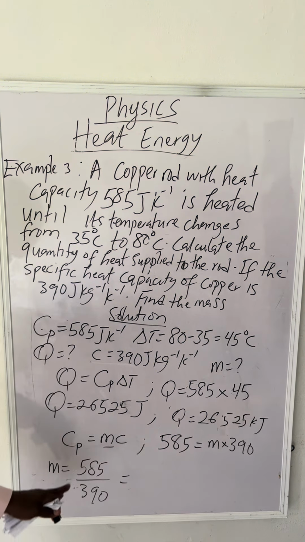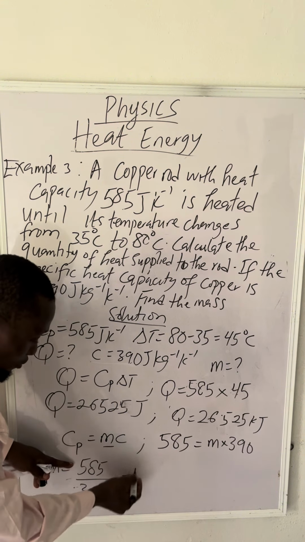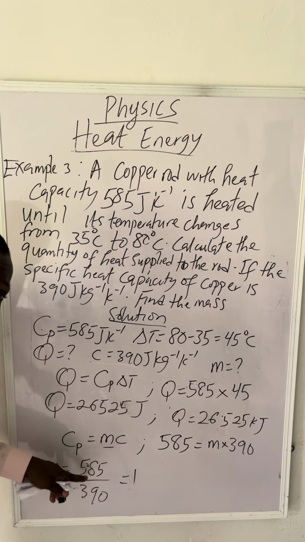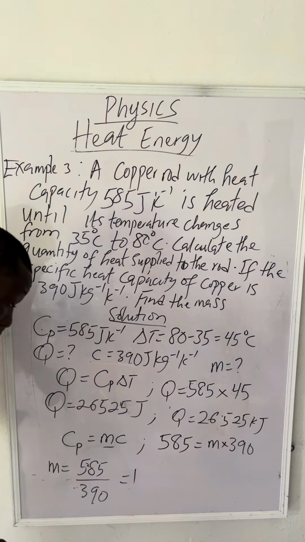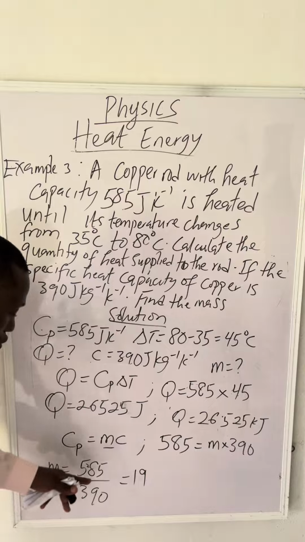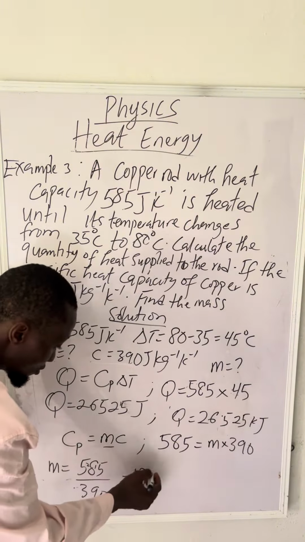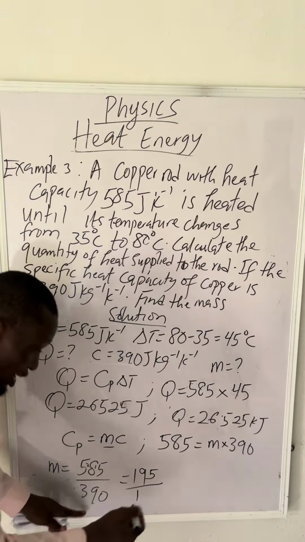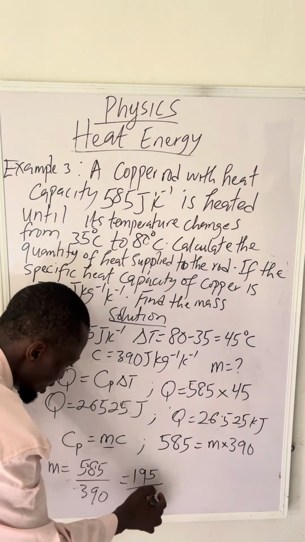Now, I think 3 can go here. So 3 in 5 is going to give us 1. So it remains 2. So in 28, 3 in 28 is going to give us what? 3 times 9 is 27. So I'm going to have 9. So remain the 1, right? So 3 times 5 is 15. So I have 195 divided by 3. 3 in 3 is 1. 3 in 9 is going to give us 3. And here I have 0.